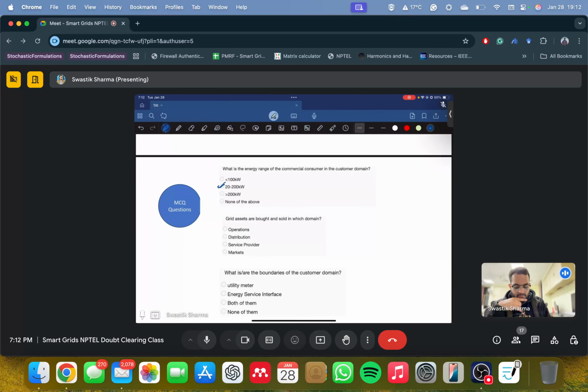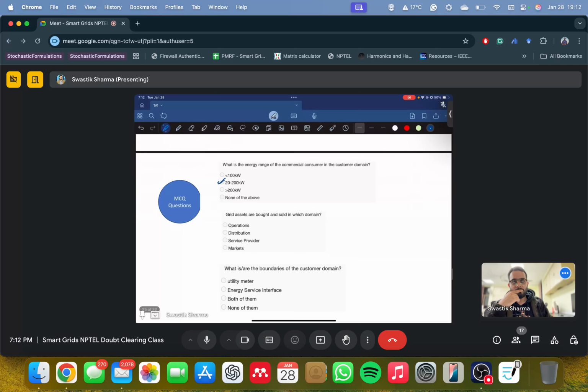grid assets are bought and sold in which domain? Grid asset market domain. Yes. So in the market, suppliers and retailers come together to sell or trade grid assets, for example your energy, your ancillary services, which are services required to support the network and other stuff.